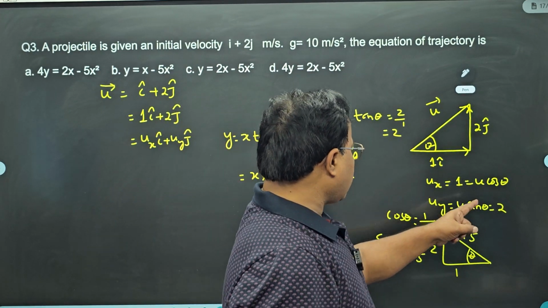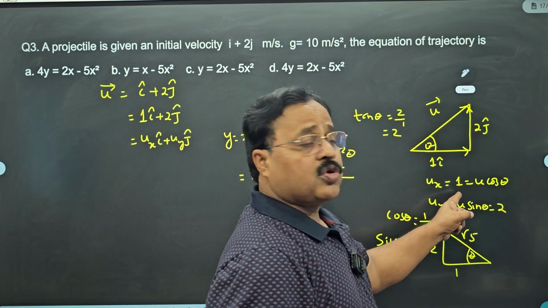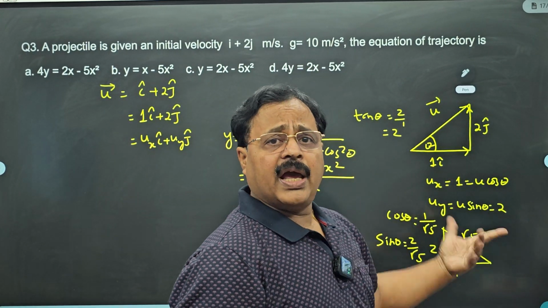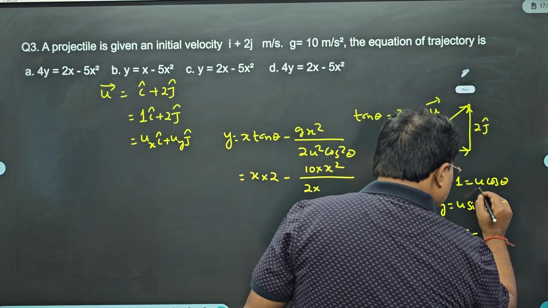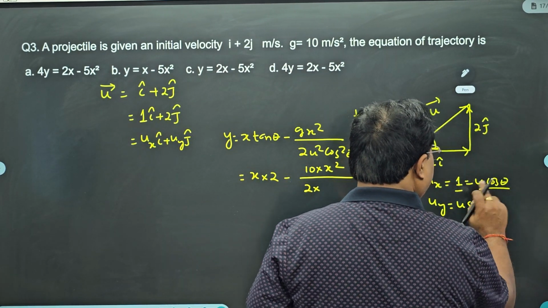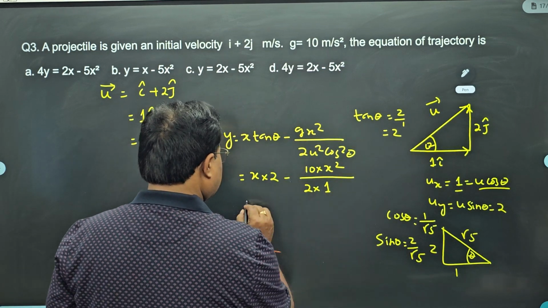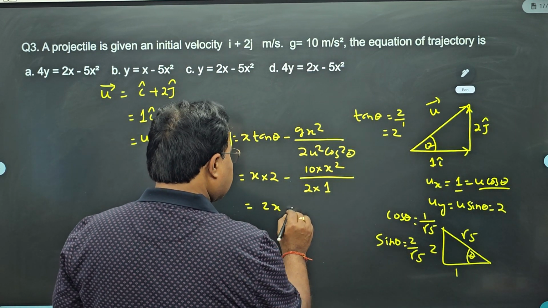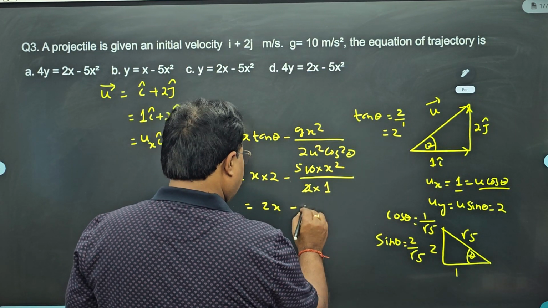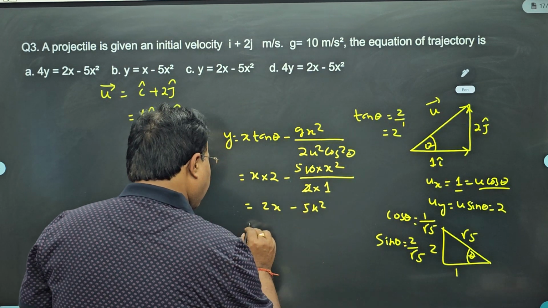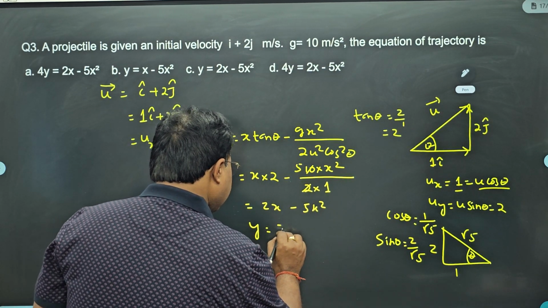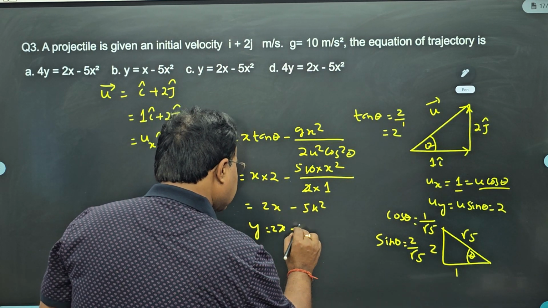You see, u cos theta is equal to 1. What is u square cos square theta? Again 1. Squaring both sides, u square cos square theta is also equal to 1. So this is 2x minus 5x square. What is the equation of projectile motion here, my dear students? y is equal to 2x minus 5x square.